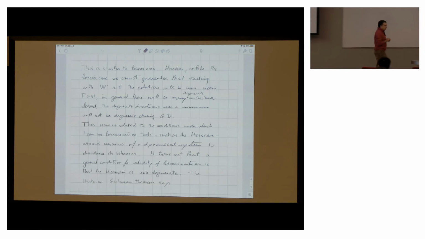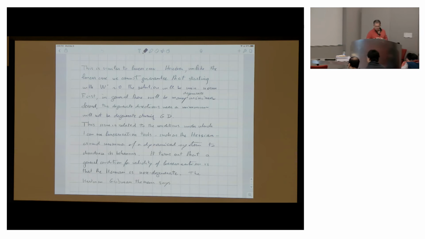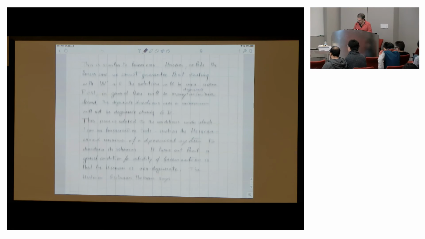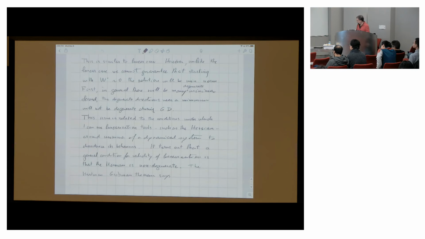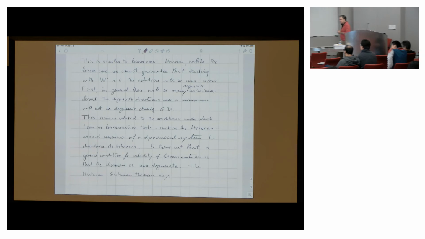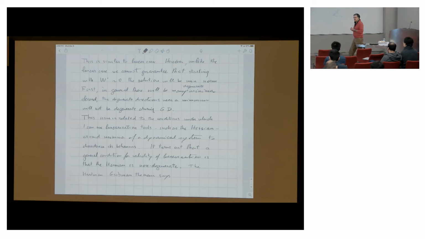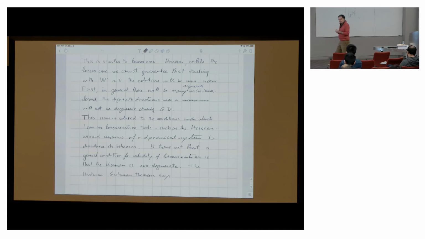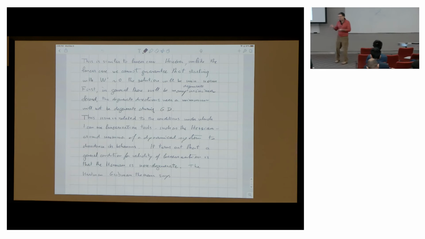Now, in order to do this, I have to use results that say under which conditions a nonlinear dynamical system can be described by its linearization.